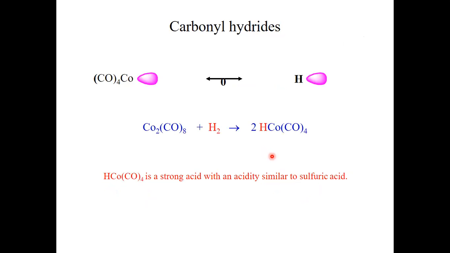So one ligand is the hydrido ligand, and hydrido ligands can also be part of carbonyl compounds, because a hydride ligand can also be isolobal to a carbonyl fragment, and under these conditions the two fragments combine to form what is called a carbonyl hydride.